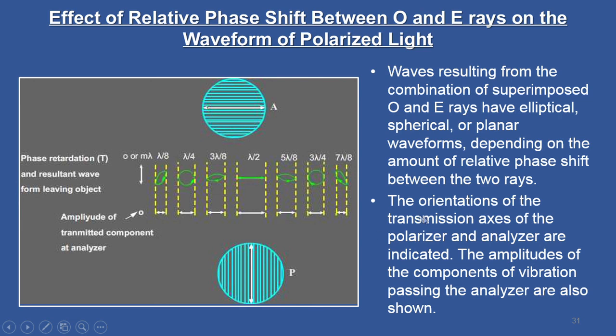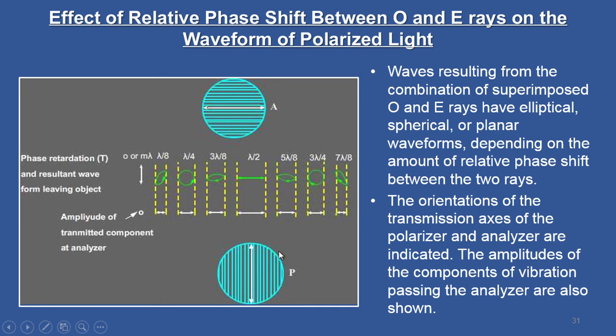So, the orientations of the transmission axes of the polarizer and analyzer are indicated. The amplitudes of the components of the vibration passing through the analyzer are also shown. So, if I rotate these two with respect to their orientation, all these amplitudes are possible.